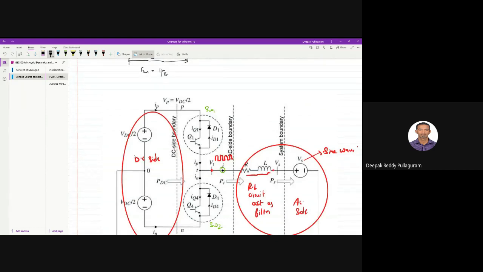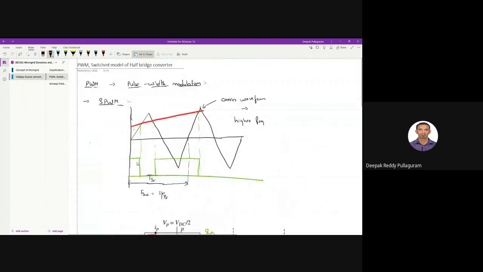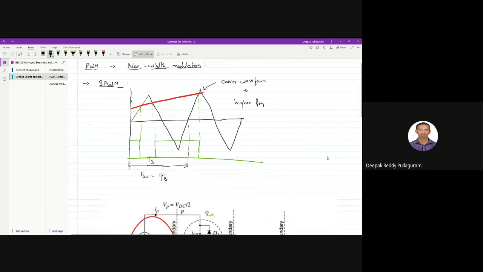Over 50 hertz, it looks more or less like a straight DC line, isn't it? If you see a triangle waveform with a lower frequency, and if you have a very high frequency, how does it look? It looks more or less like a straight line, isn't it? You're getting my point?